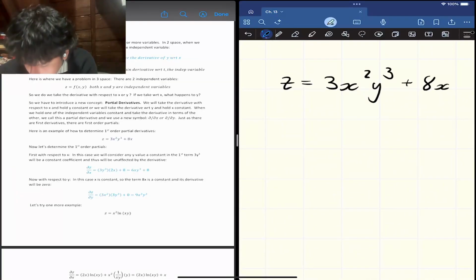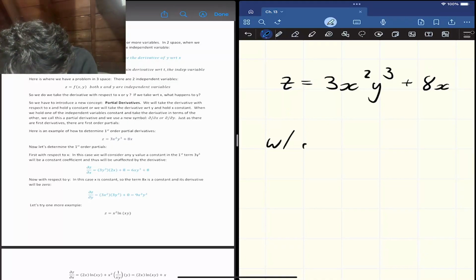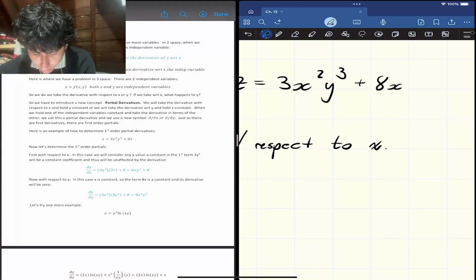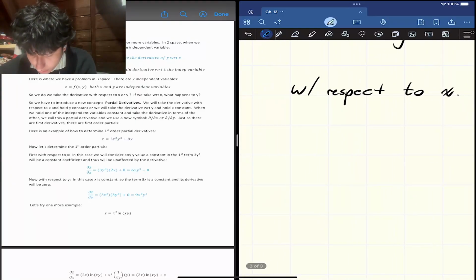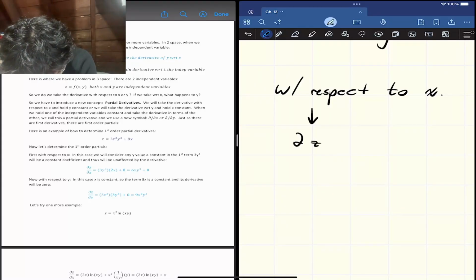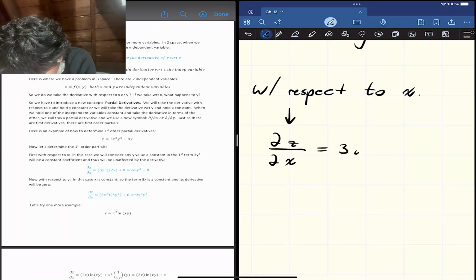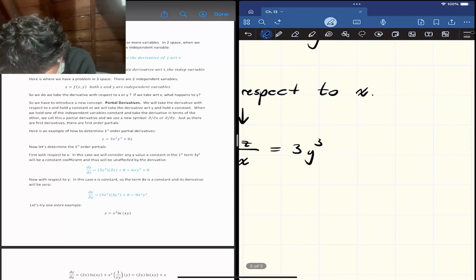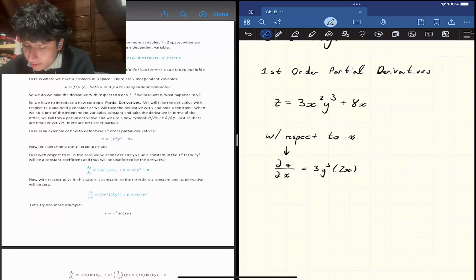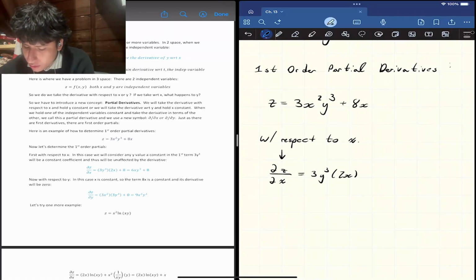Okay, so we'll do it with respect to x. Here we have the partial derivative of z with respect to x is equal to 3y cubed times that 2x, because we're taking this 3y cubed as a constant.